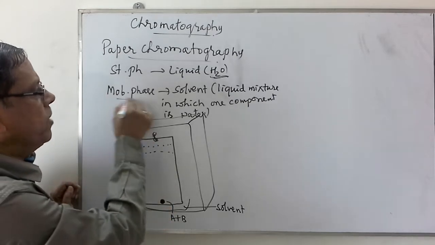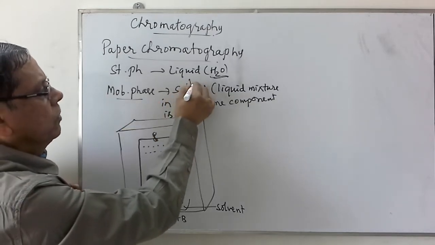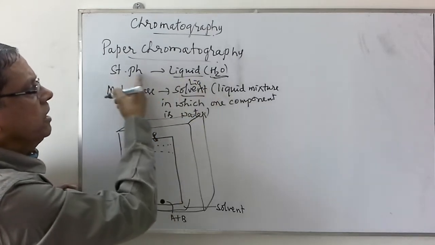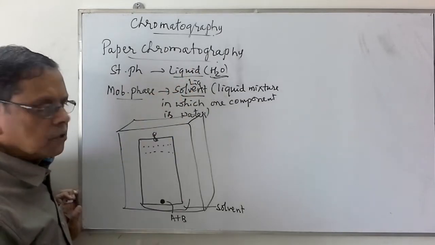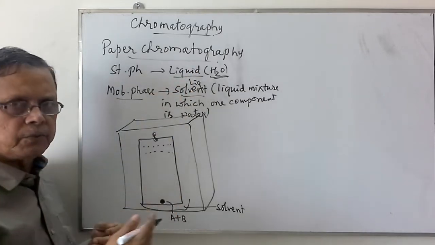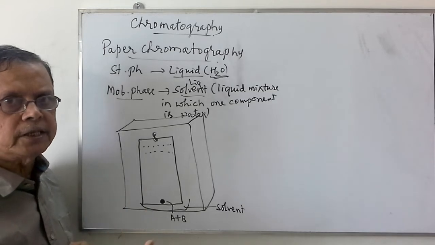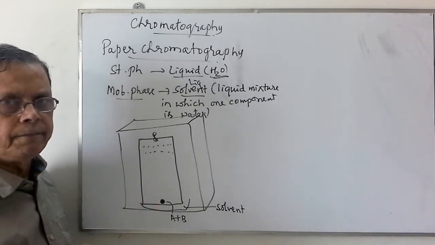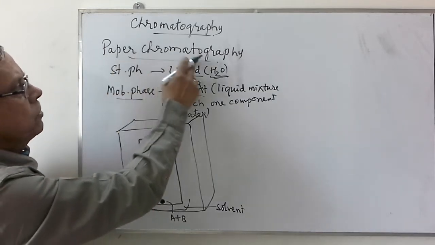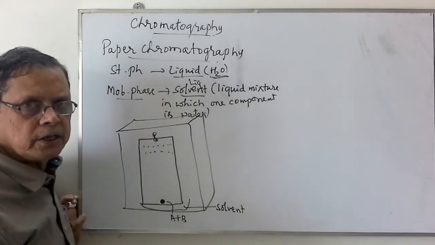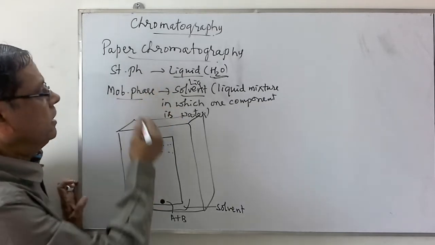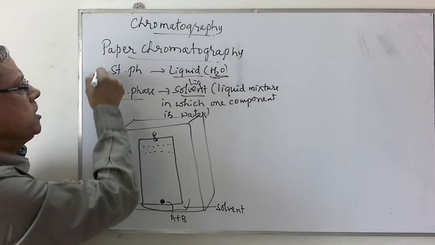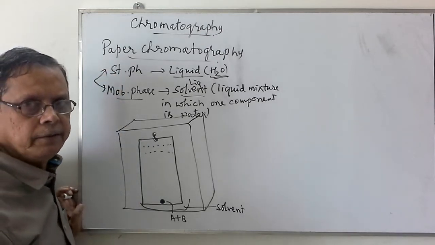That's why we have this mobile phase, a liquid, and the stationary phase also a liquid. Because of the distribution of the solute between the two liquids, it is called partition, which is why paper chromatography is also named partition chromatography. Both the stationary as well as mobile phase are liquids and liquids only.